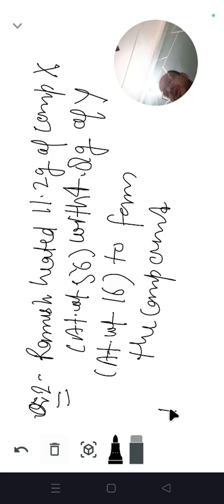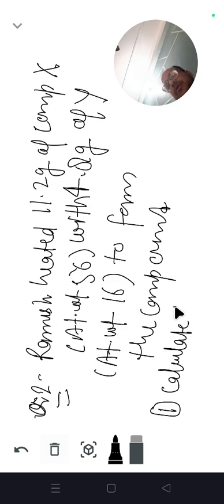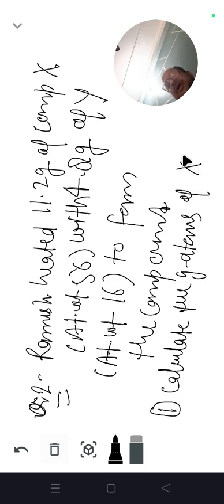The question asks, calculate the gram atoms of X and Y.